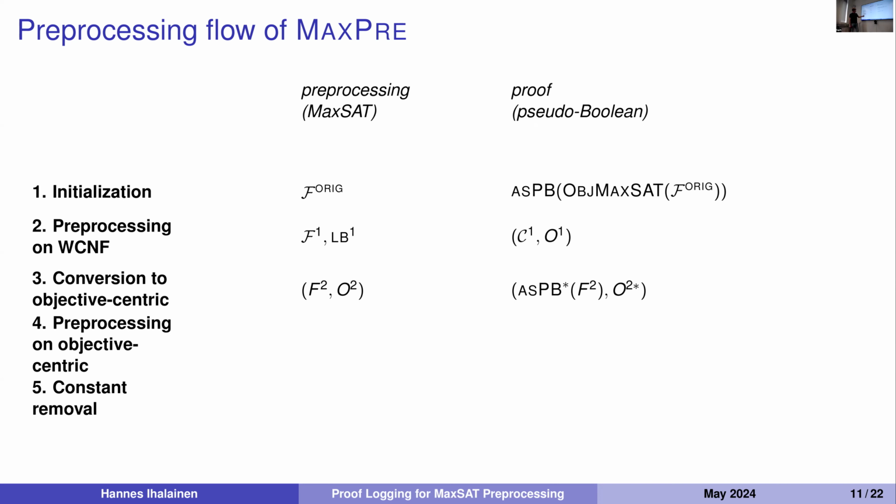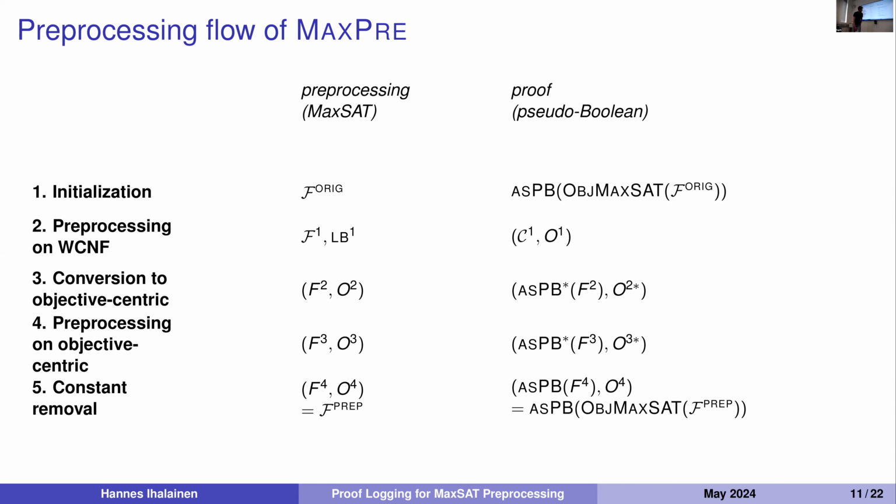But then we convert the instance to the objective-centric view, and after this, the preprocessor and the proof have pretty much the same instance. I have an asterisk here, which means that the variable names might be different at this point. But otherwise, all the constraints of the preprocessor correspond to, or are exactly equal to, a corresponding constraint in the proof.